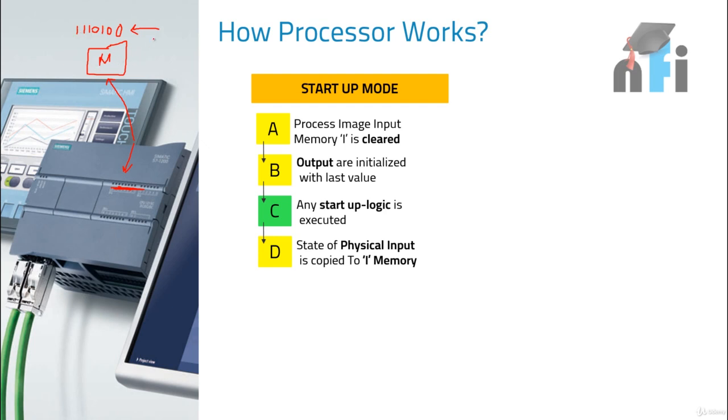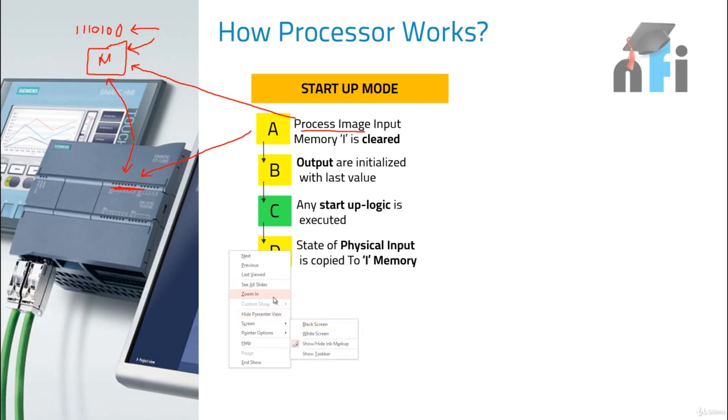So PLC has a dedicated memory to store the status of my inputs, and this memory is called process image input. This is the memory which stores the status of my input. So that while executing the logic, PLC just reads the status of this memory, not the physical input, because this reflects the status of my input. So this is a memory inside. You can also access this memory. So state of physical input is copied.